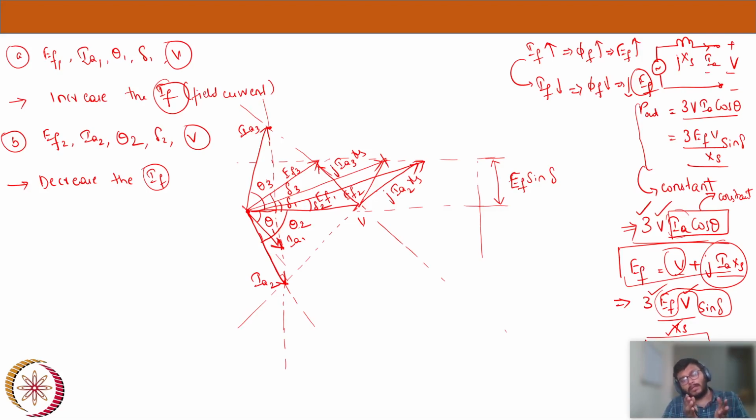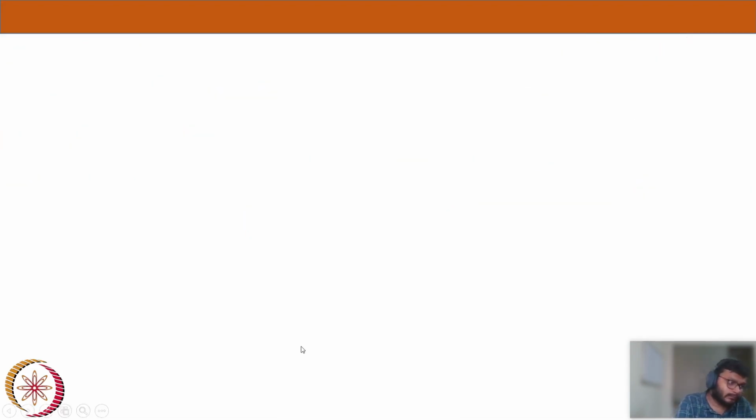The phasor circuit seems to be complex, but it is very simple when you know that EF sin delta and this product IA cos theta should remain constant.